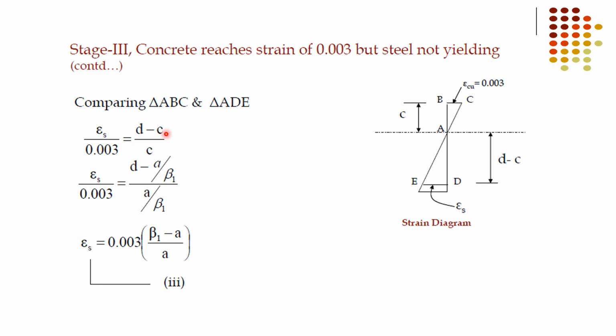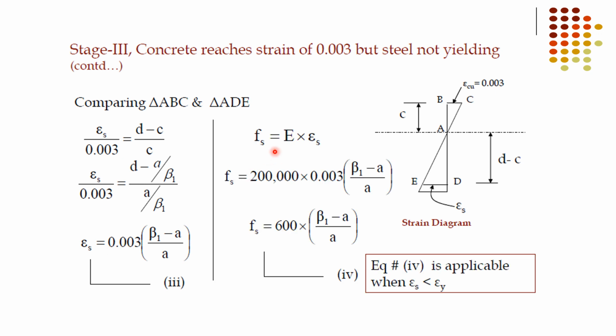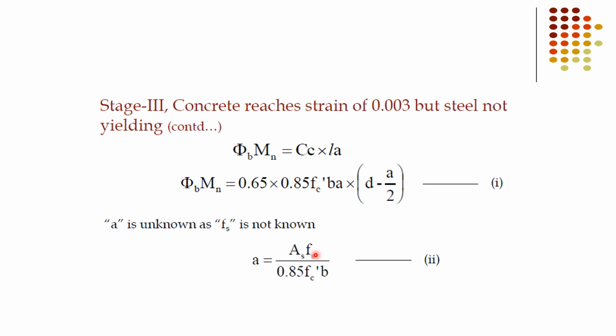Put the value of c as a over beta 1. After simplification you will get this value. Now, stress over strain is equal to the modulus of elasticity. Now I will multiply strain εs with the modulus of elasticity. The value will be 600 (beta 1 d minus a) over a. Now I will put this equation back here to get the value of a.